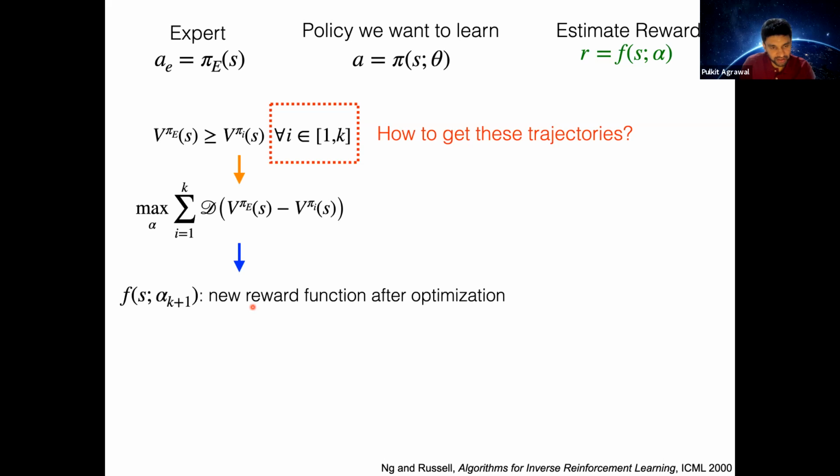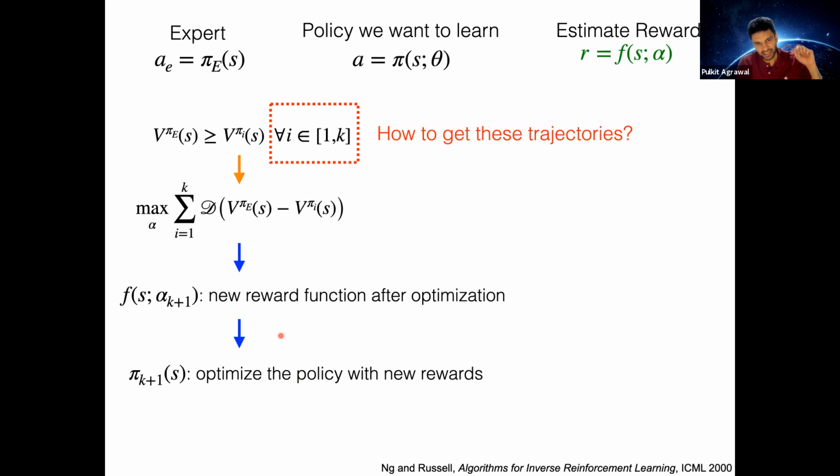And then based on this new reward function, we're going to optimize the policy. And then we're going to keep on iterating between finding a new reward function and then optimizing the policy. And so what I'm doing is, I start off with a random policy, I execute it.